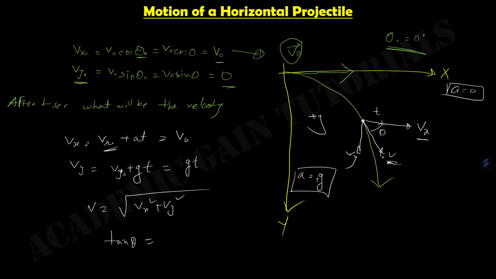If I draw a triangle of this, with vx and vy, we can write tan theta equals vy by vx. So we can also find the angle after t seconds.